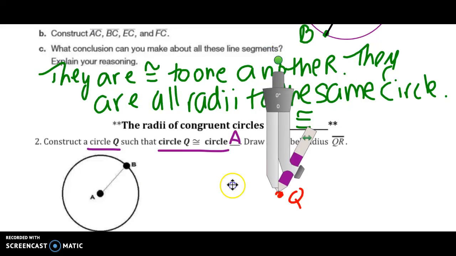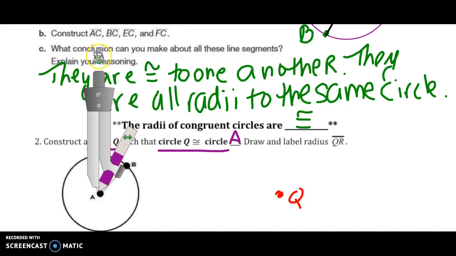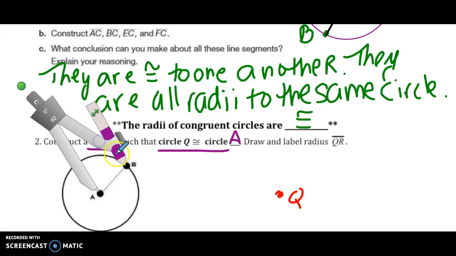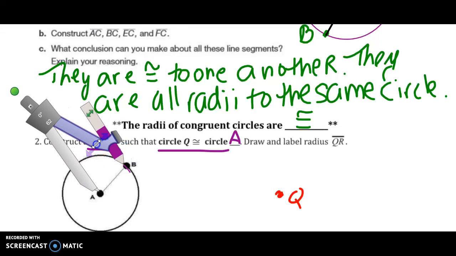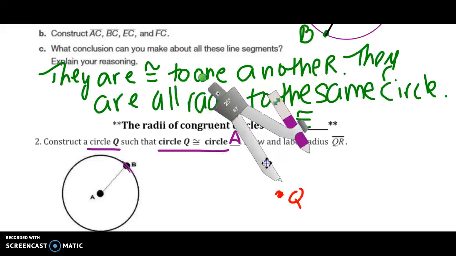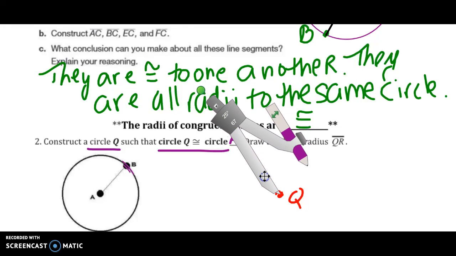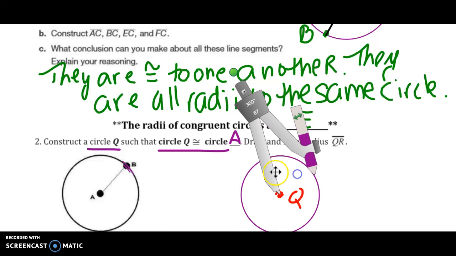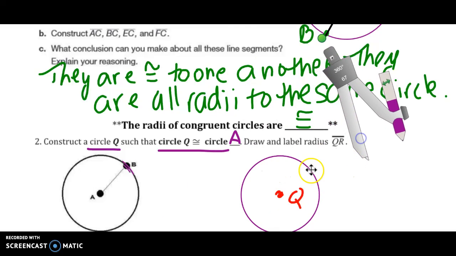We want to measure the radius of circle A. So that is AB, the radius of circle A. We're going to transfer that to our center Q, and we're going to make our circle using the compass. And it wanted us to label a radius QR, so we will do that as well. QR.